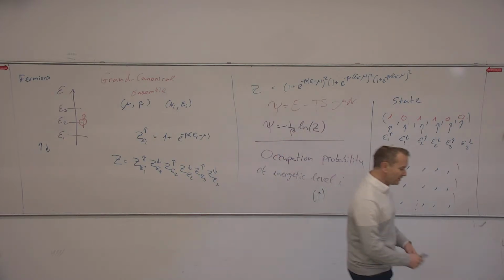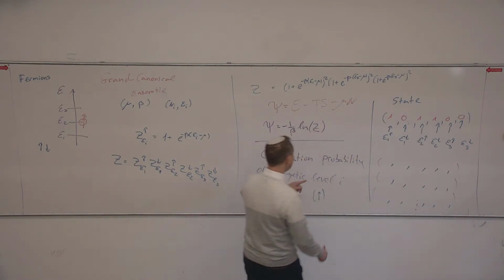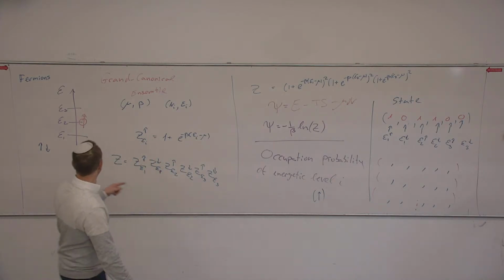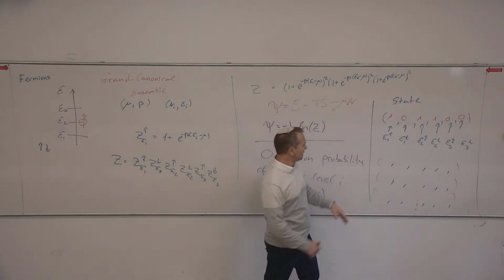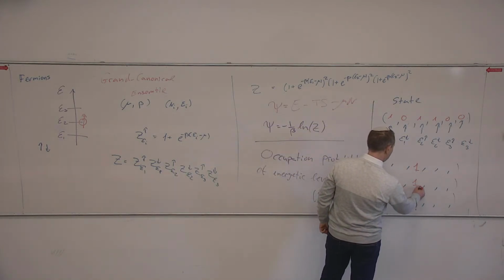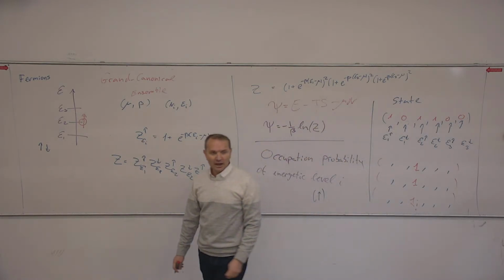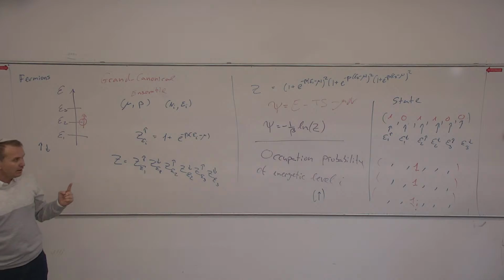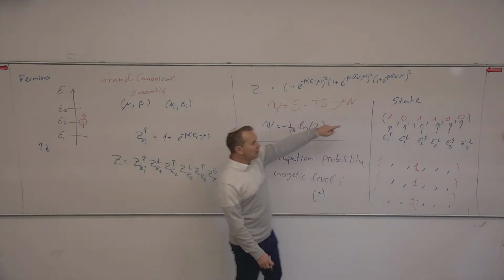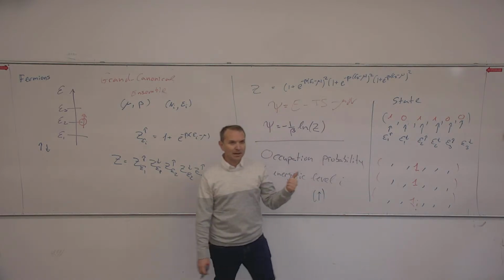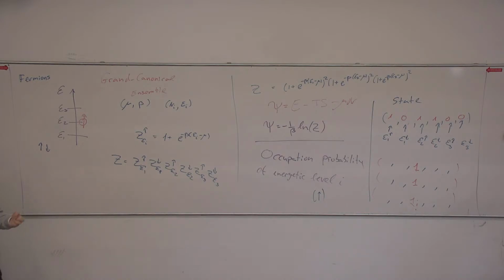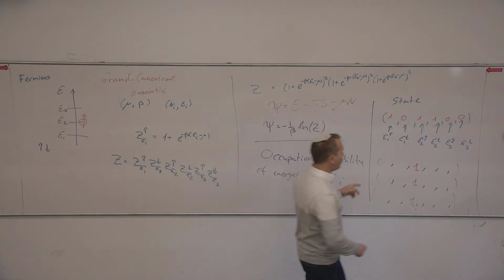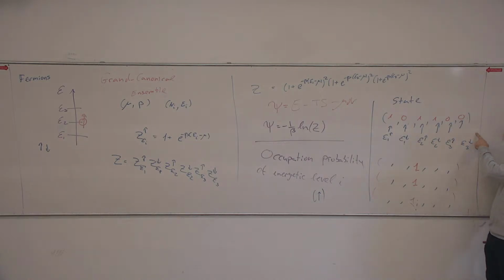So if I'm asking for the occupation probability for energetic level epsilon 2 with spin up, I have to look at all the different states for which here I have 1. I have to count all these different states, compute the probability for each, and sum all those probabilities, because those are different realizations of my system. Now, why do I have to compute the probability of the whole state?